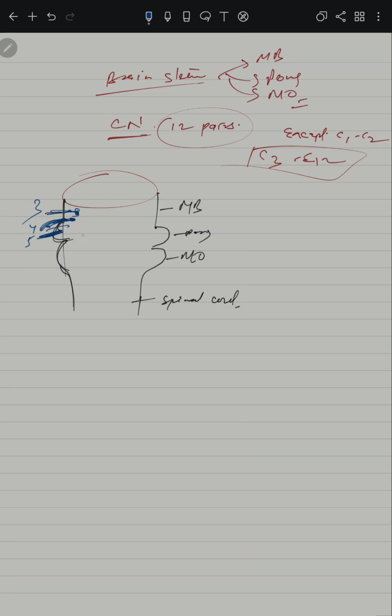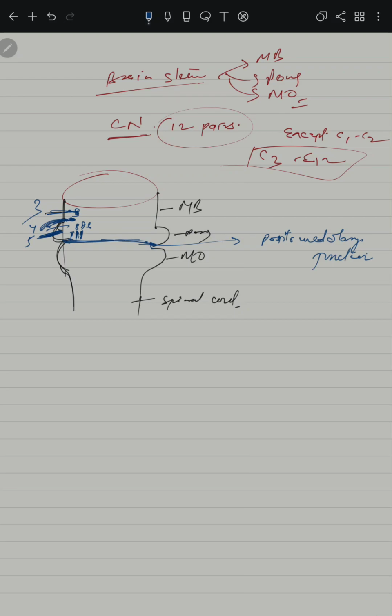5 here, 6, 7, 8 will be in the pons again, and between the pons and medulla there is a junction, or you can say a separator. Separating the pons and medulla is called the pontomedullary junction.